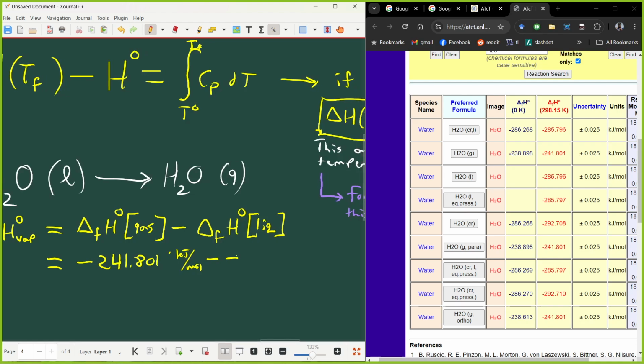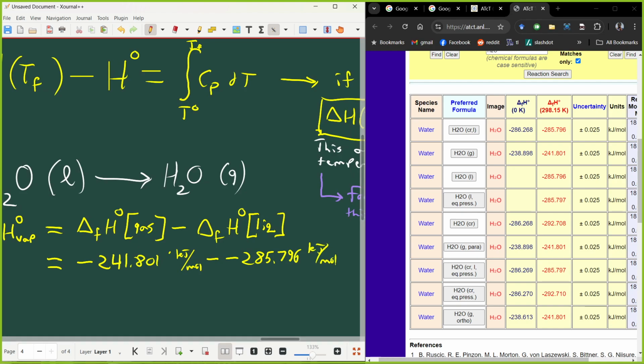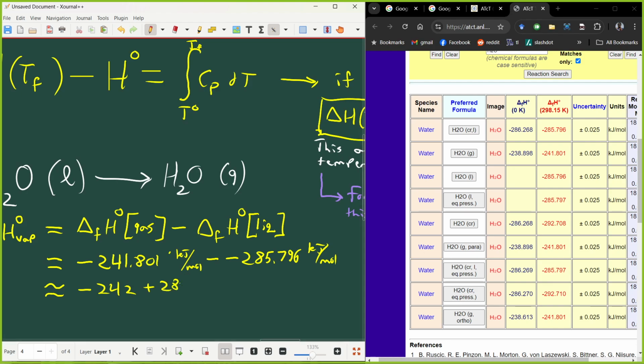And the liquid is minus 285.796 kilojoules per mole. Okay, so let's just roughly do that math. This is basically minus 242 plus 286, and that's 44 kilojoules per mole.